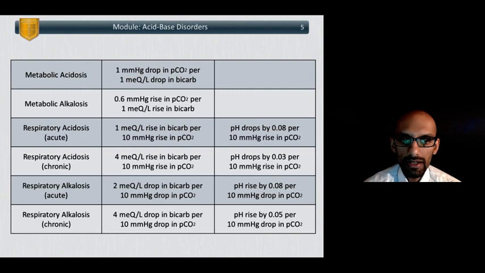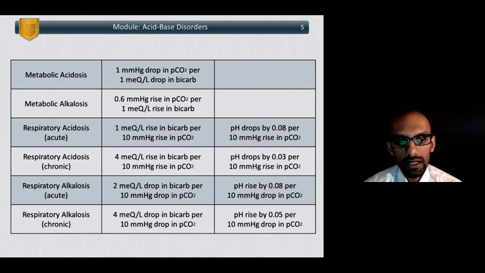They don't hypoventilate very well. So every rise of 1 milliequivalent of bicarb, you only get about a 0.6 rise in PCO2. So patients do alter their respiration in response to acidemia and alkalemia from a metabolic source, but they're much more capable of hyperventilating to treat or to compensate for an acidosis than they are to hypoventilate to manage an alkalosis.